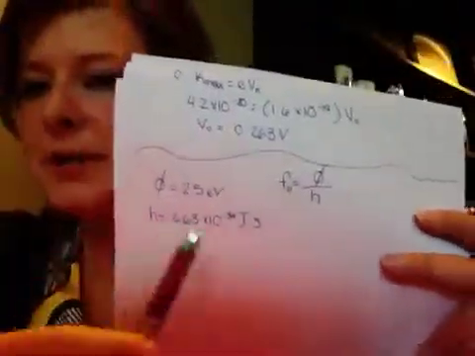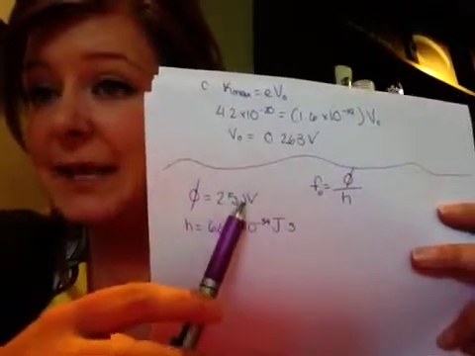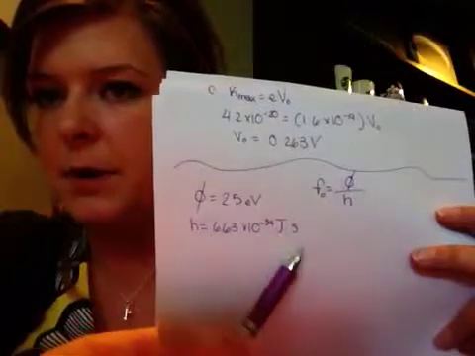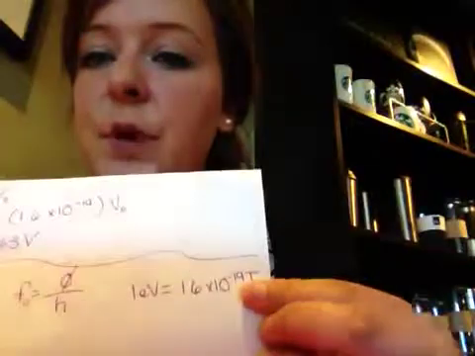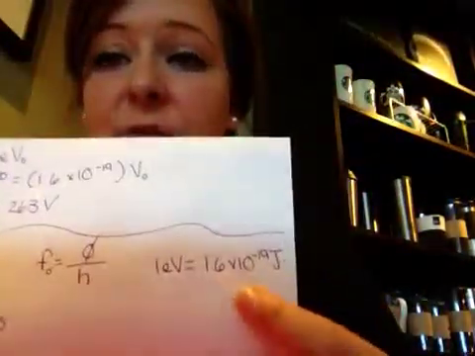The only problem is this is in joules and that's in electron volts, so I need to get this into joules because these units don't correspond with one another. Now, just like in the last problem that we did, there's a conversion factor that says 1 electron volt is equal to 1.6 times 10 to the negative 19th joules. So we were given that conversion factor and we've used that before, so we're going to have to use it again.